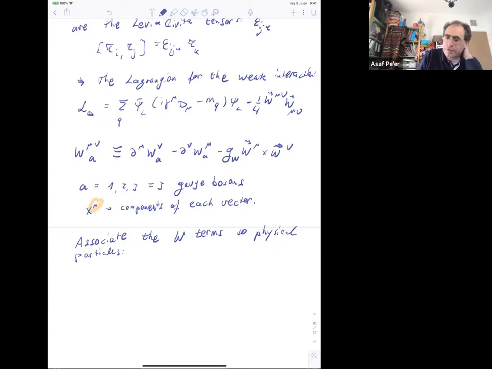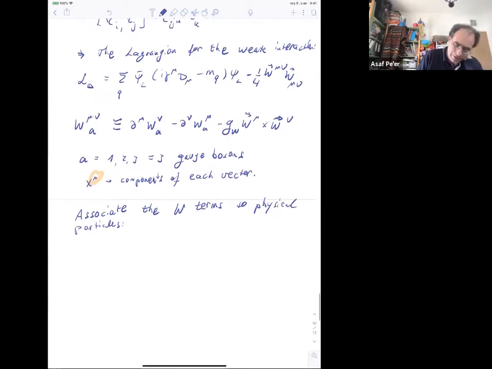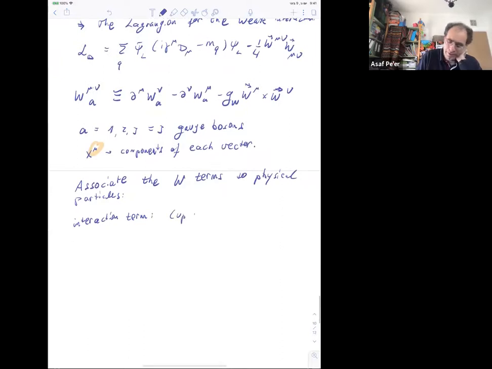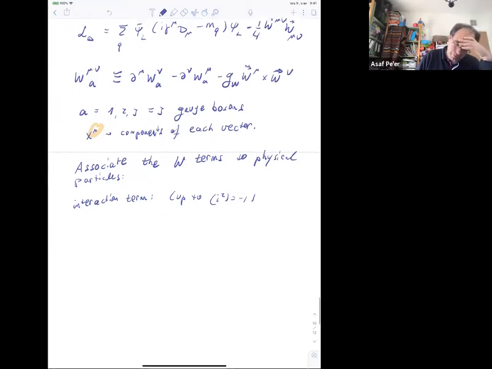In order for us to do that, we have to look at the interaction term. Up to an i squared, which is minus 1, so I just throw it away. If you go over it carefully at home, you'll see that I threw away a minus 1, in case you were wondering.